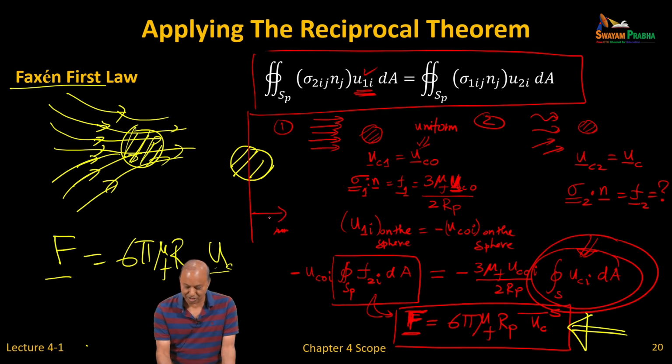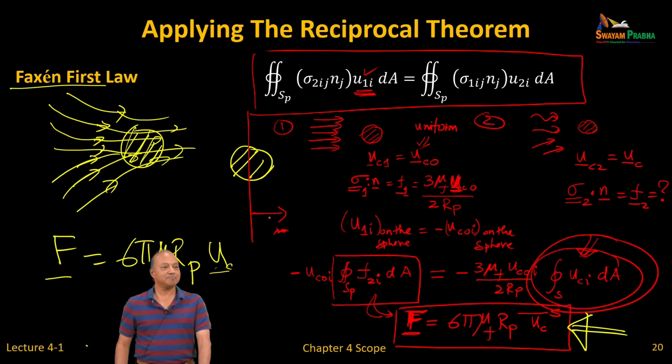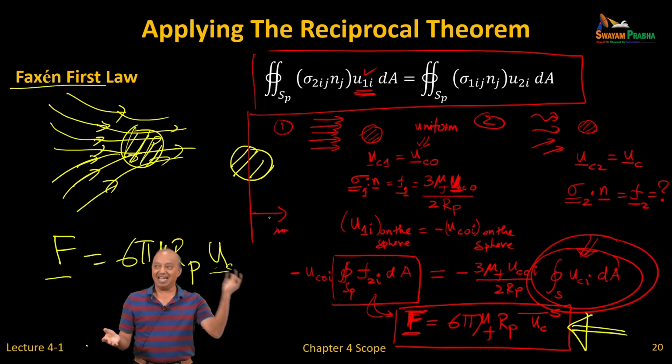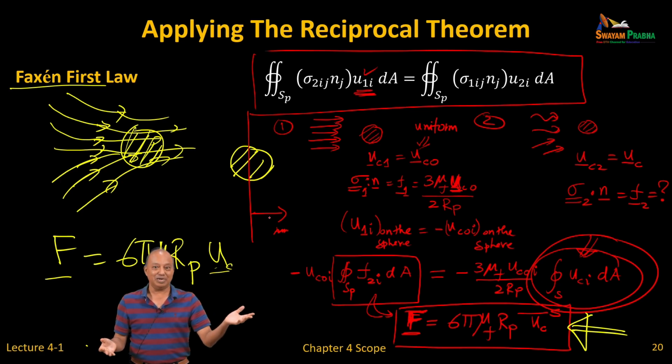The shock just happens to be on the particle, and I ask you, what will you put if you want to use the Stokes drag law? What velocity will you put there? Not very clear, because half the particle is at 0 velocity and the other half has 500 meters per second.